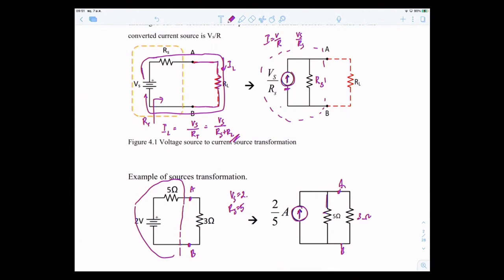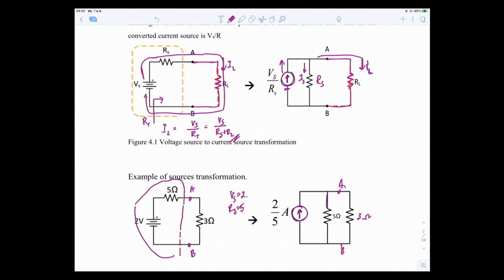Now you have converted to the current source, and we want to do the same thing and find IL that passes through RL. This is your Rs. I'm going to use the current divider, because current I comes up here and then divides into IS and IL.